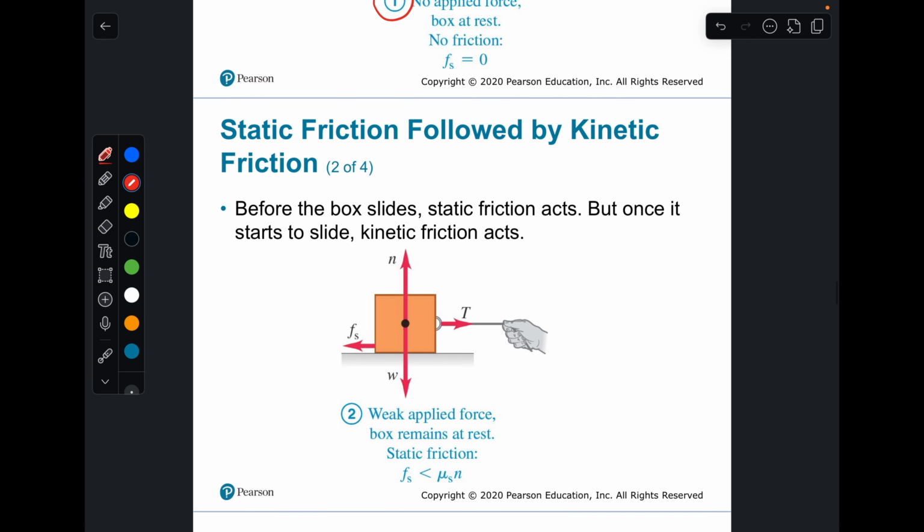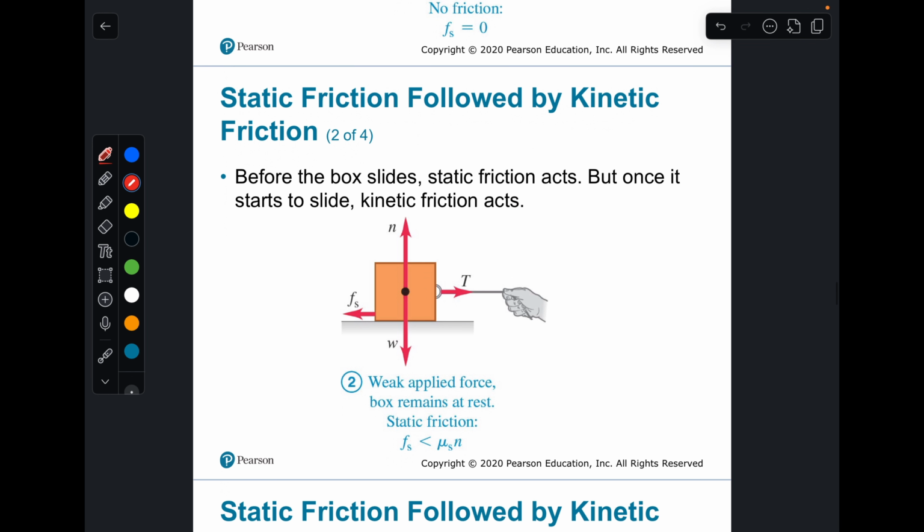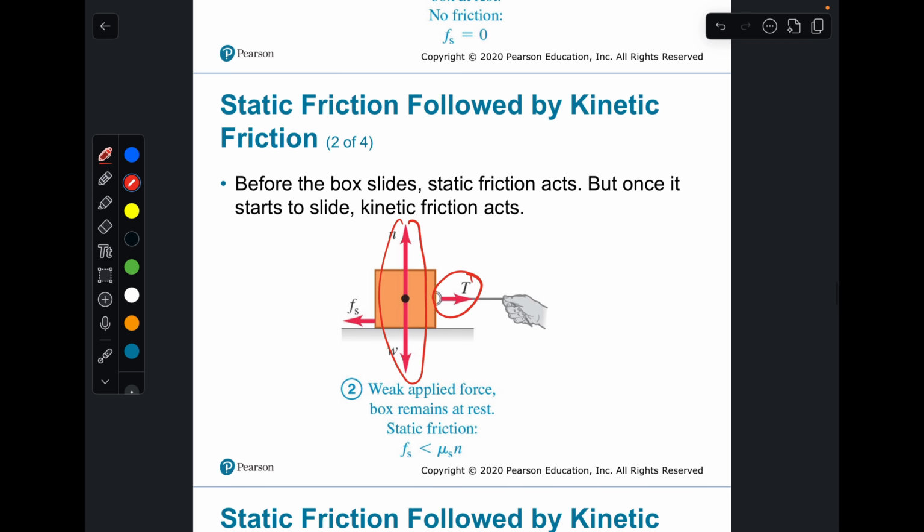Now let's start tugging on the box very, very lightly, such that it's not moving. So when we tug on the box very lightly, such that it's not moving, you're going to have, of course, your normal and your weight forces. You're going to have the force of tension, but then you're going to have static frictional force. And let's say we wanted to determine what the value of that static frictional force is.